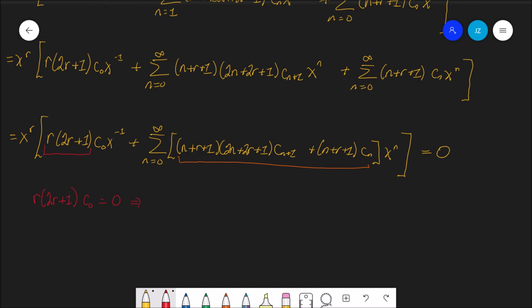Since c naught is any constant, r times 2r plus 1 has to be 0. This is our indicial equation. And this gives us the values of r. So this will give us that r1 is 0 and r2 is a half.